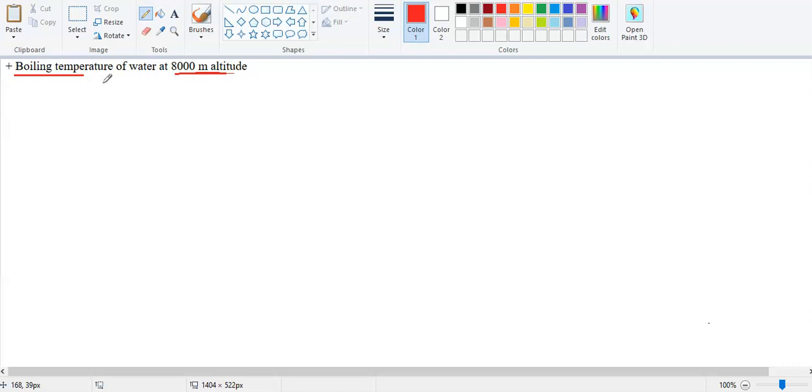We say this is the vapor pressure. So actually this atmospheric pressure is the vapor pressure. And now let me solve this problem. I'll definitely explain. Just let's start with this.